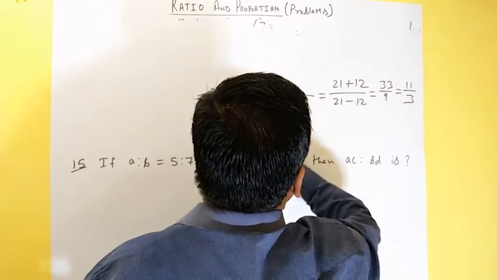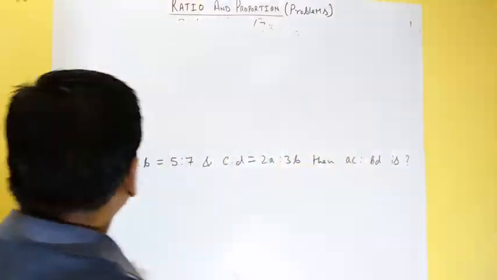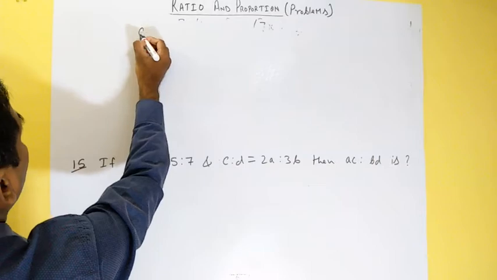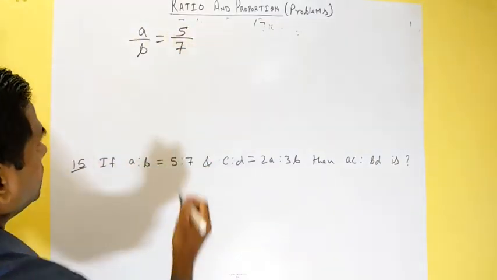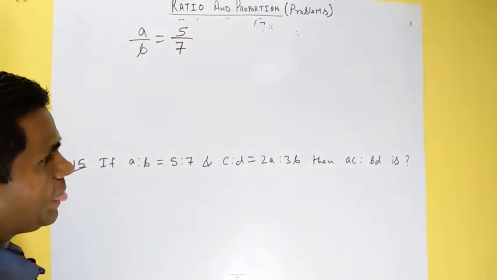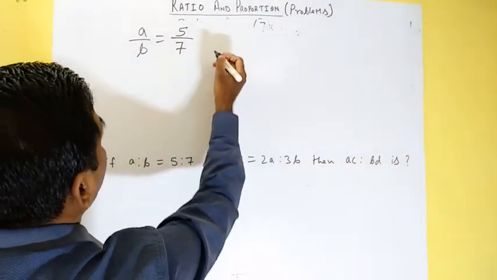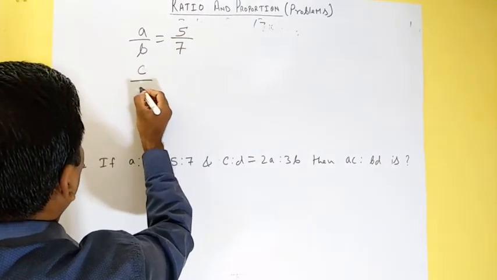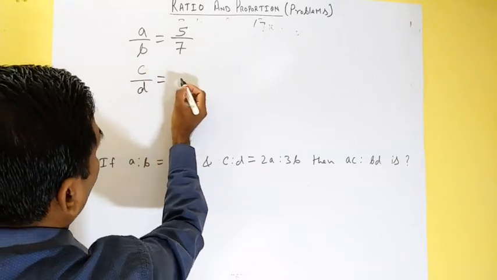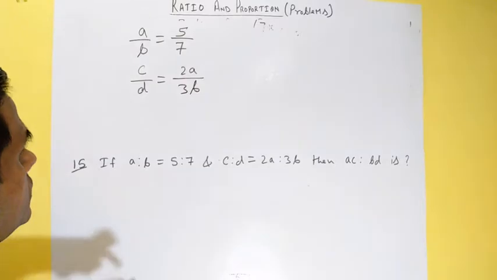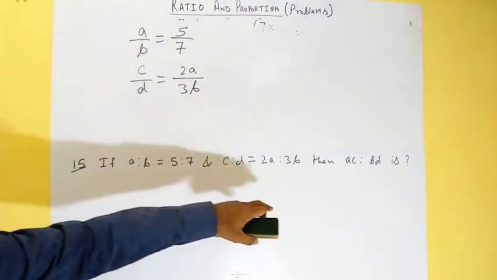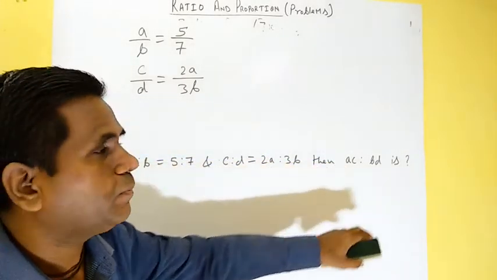I'll erase this out. So what is given here is A is to B, means A upon B is equal to 5 upon 7. It is given. And secondly, C upon D is equal to 2A upon 3B. This is also given. So we have to find AC is to BD.